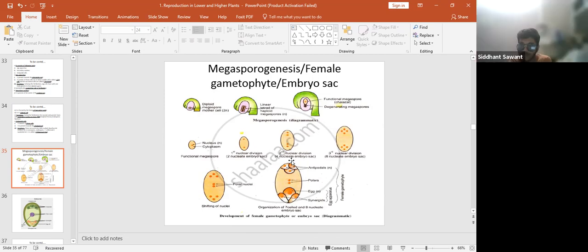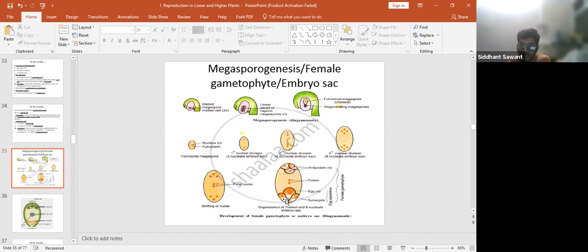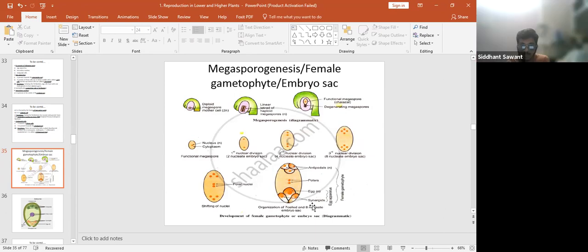Okay, so what this is, 3 antipodal, 3 of these lower cells, 3 plus 3, 6. आगे जाके दोनों भी पोलर न्यूक्लियर फ्यूज्ड हो जाएंगे, एक बनेगा सेकेंडरी न्यूक्लियस, 3 plus 3, 6, सेकेंडरी न्यूक्लियस 6 plus 1, 7, 7 celled and 8 nucleated embryo sac. Understood? Yes, ma'am. समझ में आया?